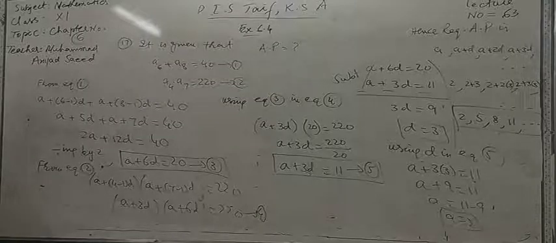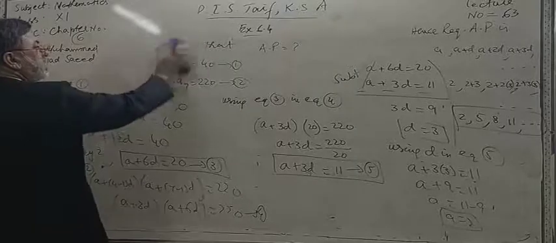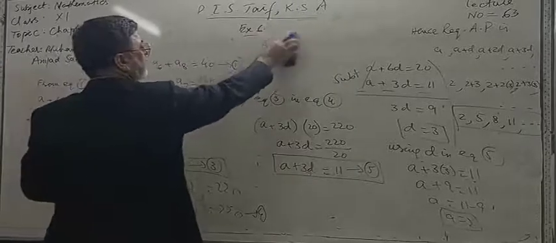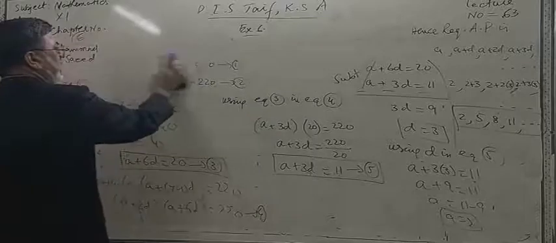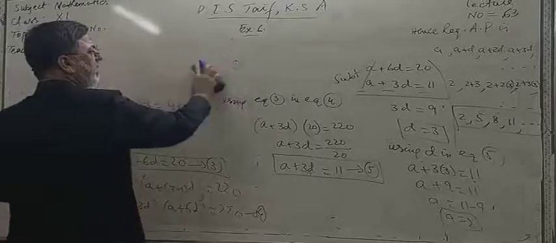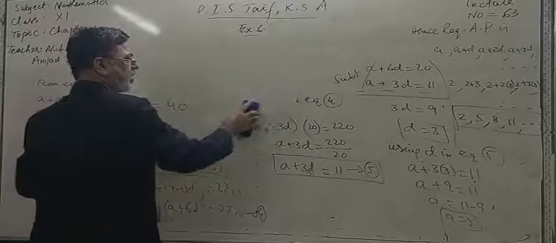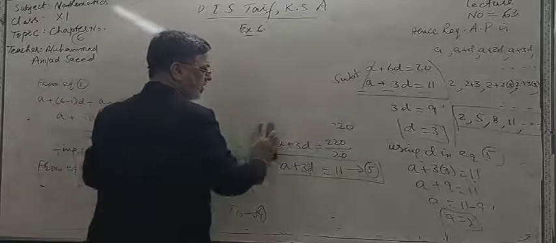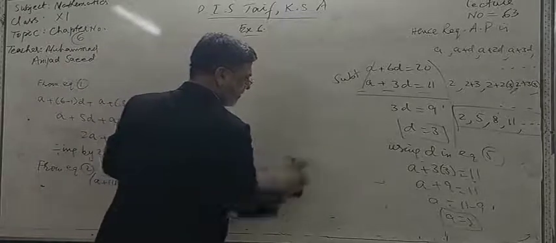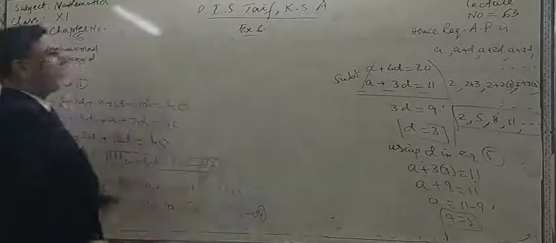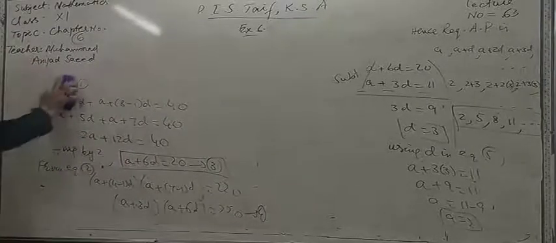Dear students, that was your exercise 6.4. Now we can start our exercise 6.5. I told you already, exercise 6.5 is not so difficult, but to convert from the sentences to the mathematical expression is very important.